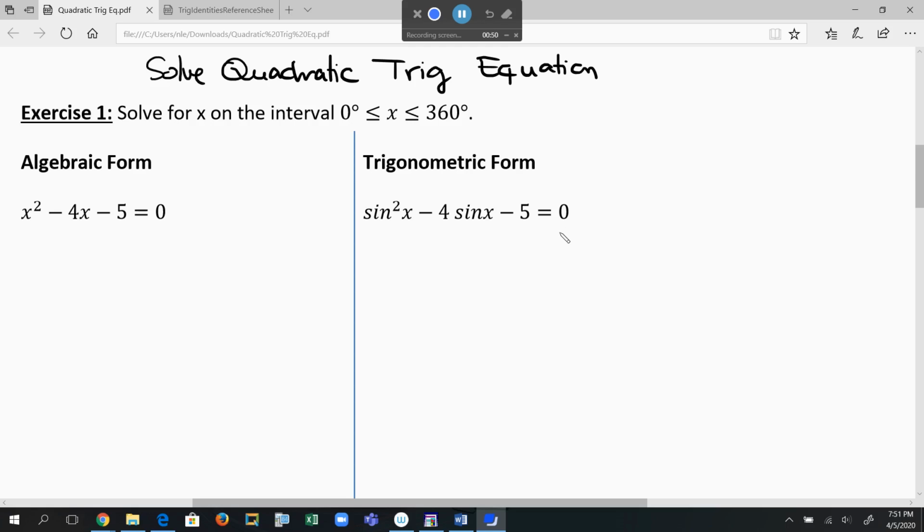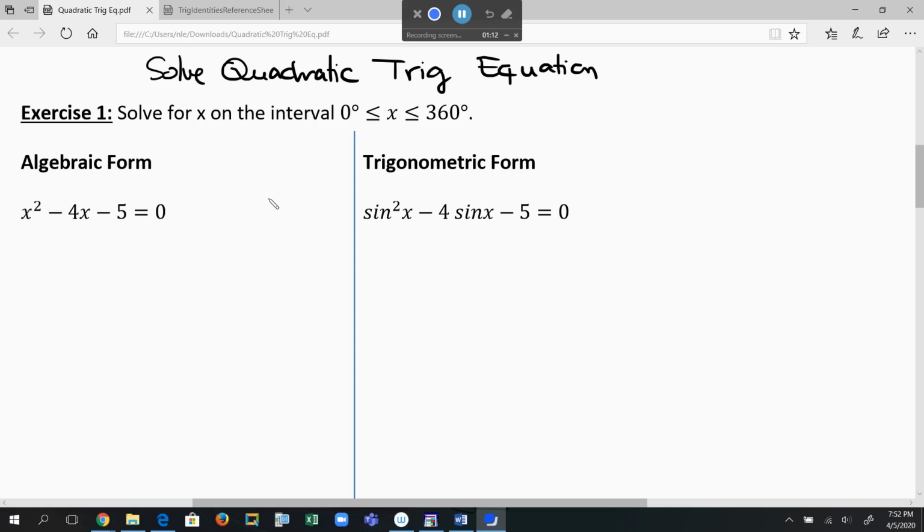You will notice the two equations are almost exactly the same. Here, x is the same thing as sine of x.